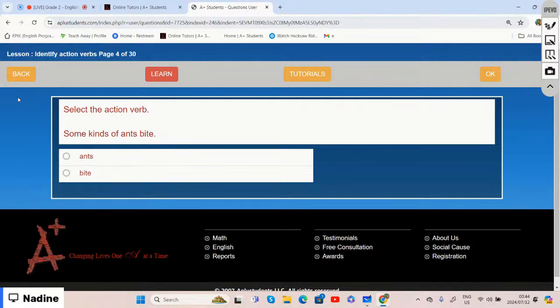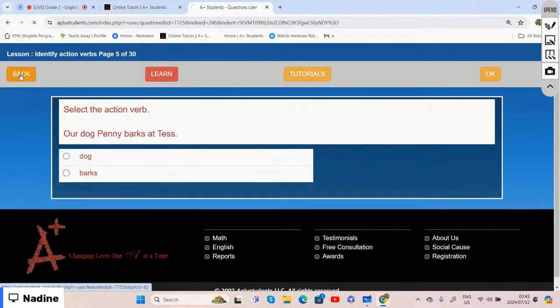We need to choose the action verb that tells us something that the ants did. And we can say that it is some kinds of ants bite, and bite is our action verb.